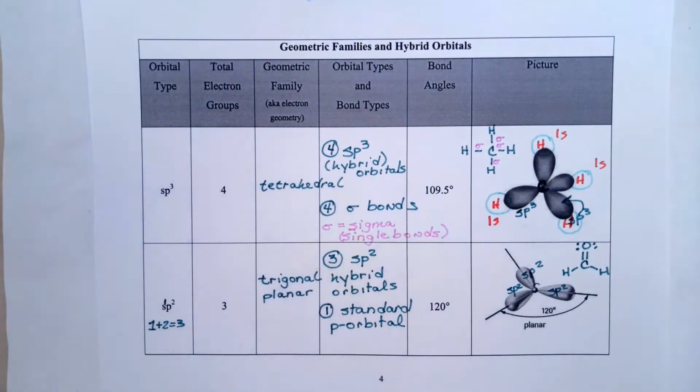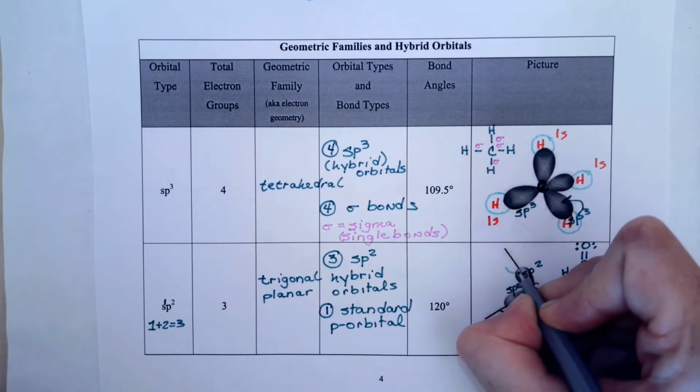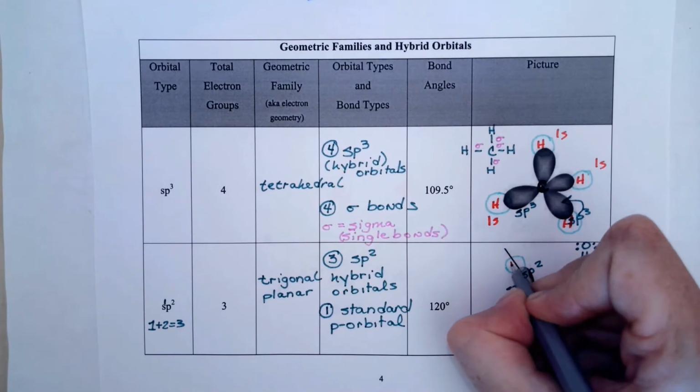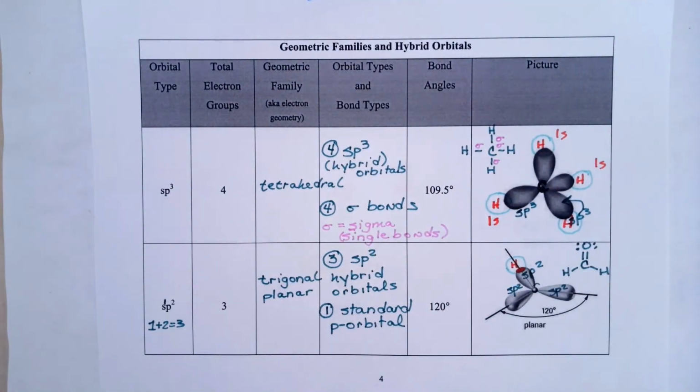Now, those hybrid orbitals are going to participate in sigma bonding. So for instance here, with one of the hydrogens, this overlap between the hydrogen and the sp squared, that's sigma.